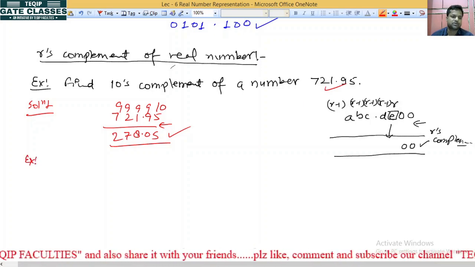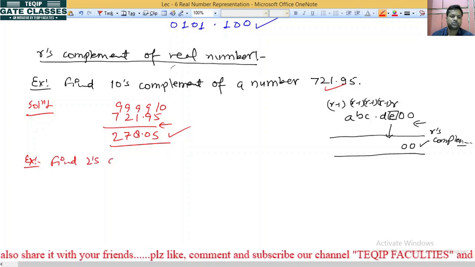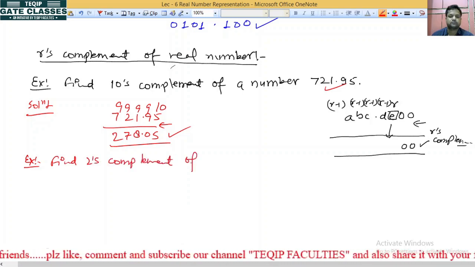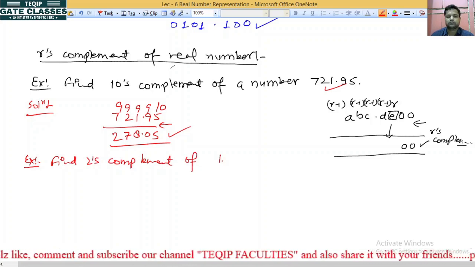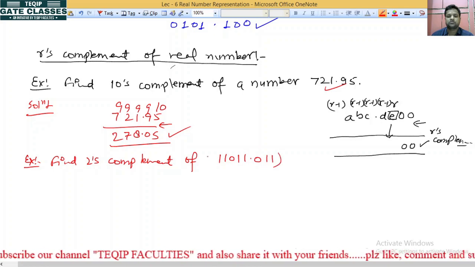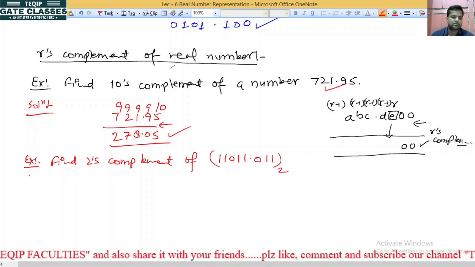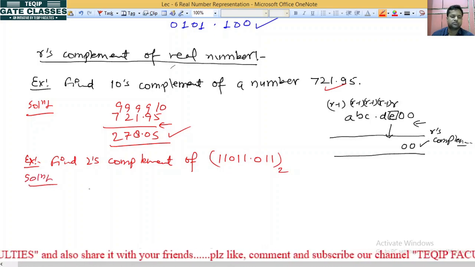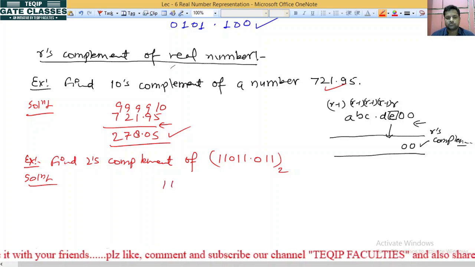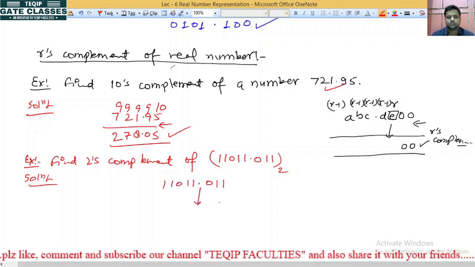Next example, find two's complement of 1101.1 two's complement of this number. What will be the solution? For the two's complement, the number we have is 1101.1 0.011.